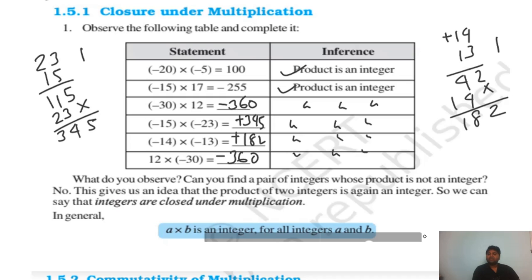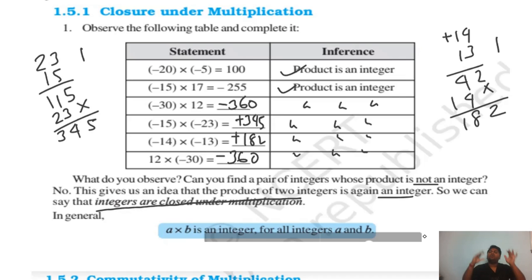Can you find a pair of integers whose product is not an integer? No. When we multiply integers, the result is always an integer. This gives the idea that the product of two integers is again an integer, and this is called: integers are closed under multiplication.